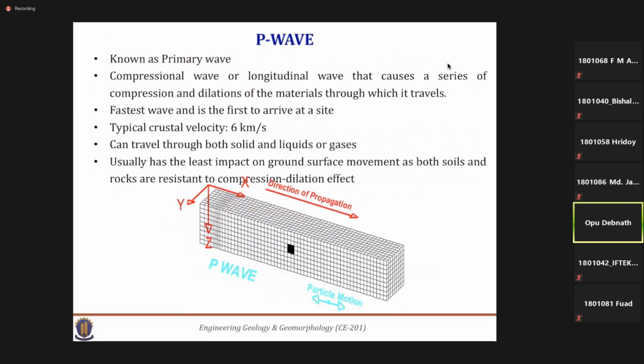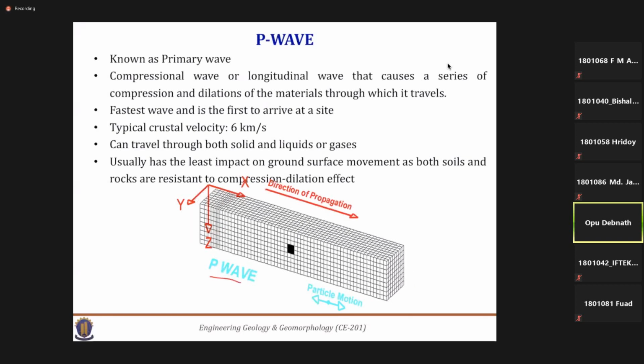So let's try to understand the different types of waves. What are the characteristics of these waves? Based on the different characteristics of these waves, the vulnerability as well as the nature and other things will vary. First of all, the P wave, which is known as the compressional wave.